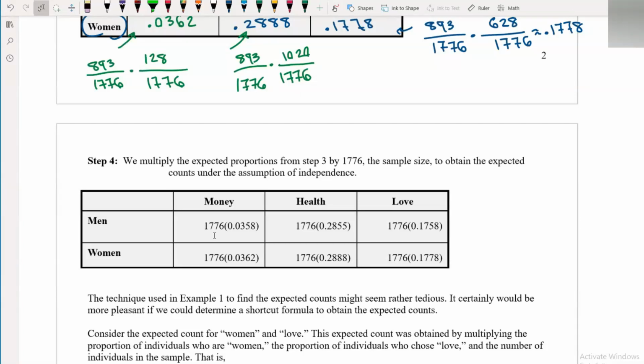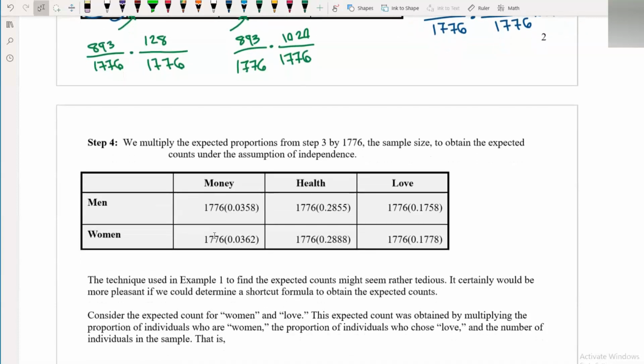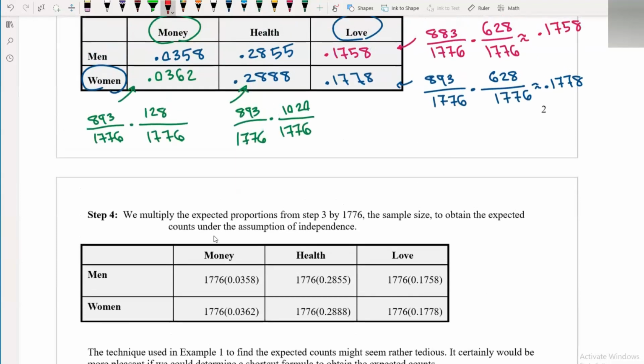So these are the same. The first one, for men and money, we had 0.0358. We multiply that by 1776, and I'm going to round to 2 decimal places. So this is 63.58.